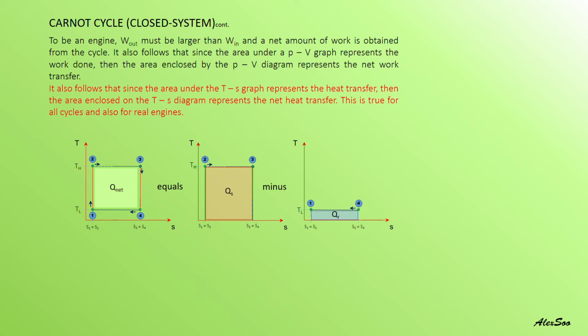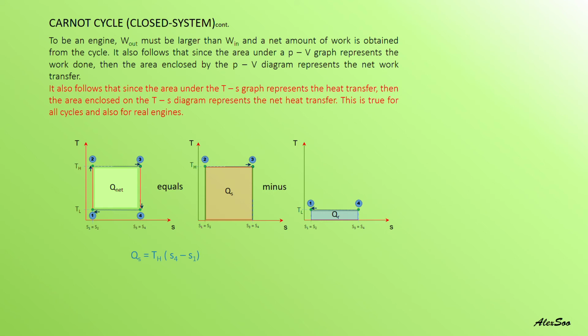Then you take the area QS, the total area under the process path of state point 2 to 3, and deduct the other TS diagram, which is based on state point 4 to 1, representing the heat rejected, the area under the process path from state point 4 to 1. So from there, you will be able to obtain the net work, or the net heat flow.